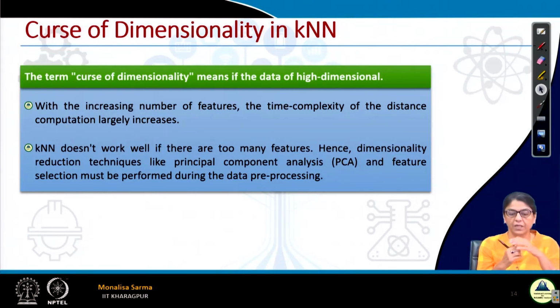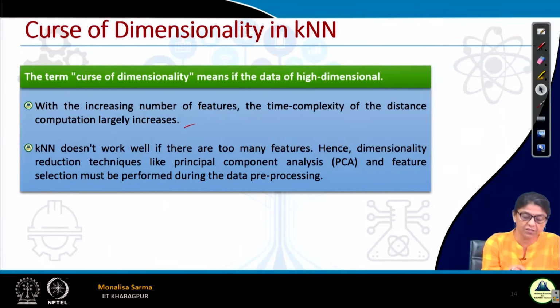So KNN suffers from the curse of dimensionality. With an increasing number of features, the time complexity of the distance computation increases largely. Obvious, isn't it? We have to find the distance in such high dimensionality. The distance computation is very computationally expensive. KNN does not work well if there are too many features.